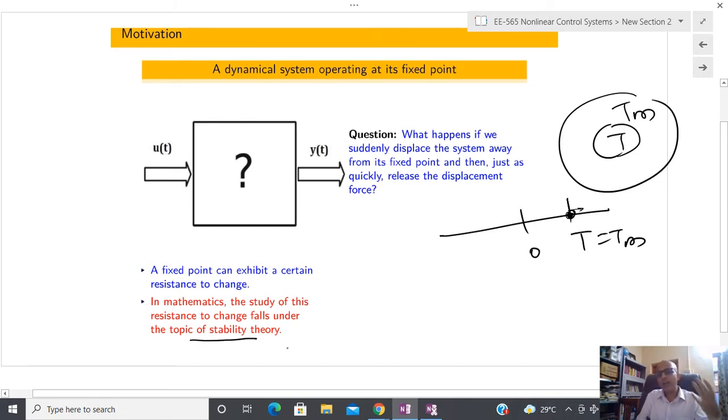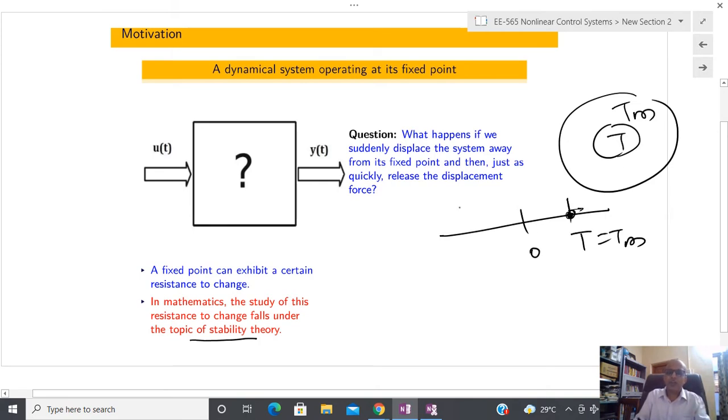If you have done a course on linear control systems, you might have seen that if I apply a bounded input, I get a bounded output, then the system is stable. But here we are going to generalize that idea for a general class of systems. What we are saying is that I have applied some force and after that I remove the force. It means my system is now autonomous. I have a certain initial condition, and after that we are going to see the behavior.